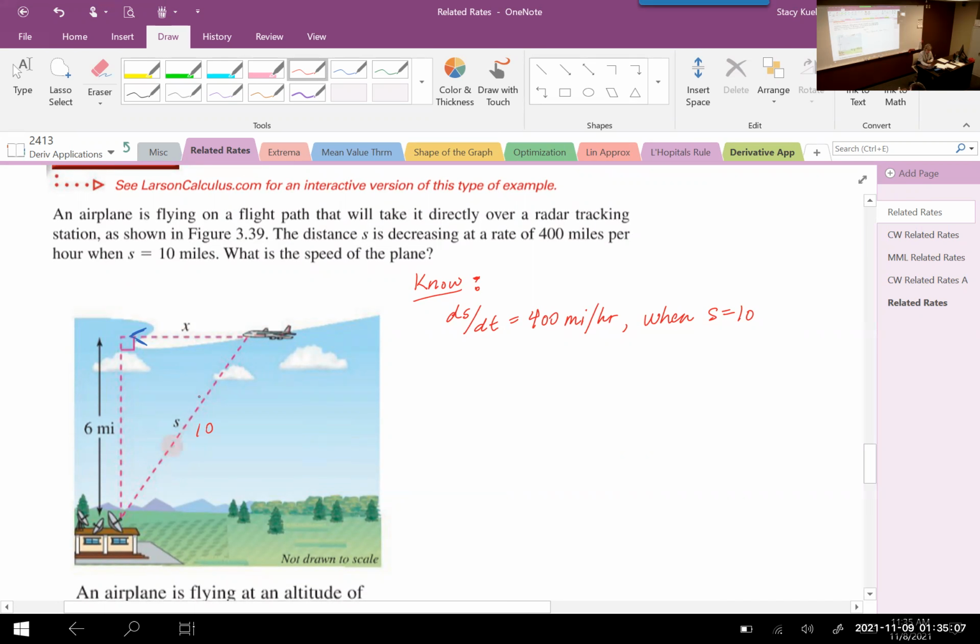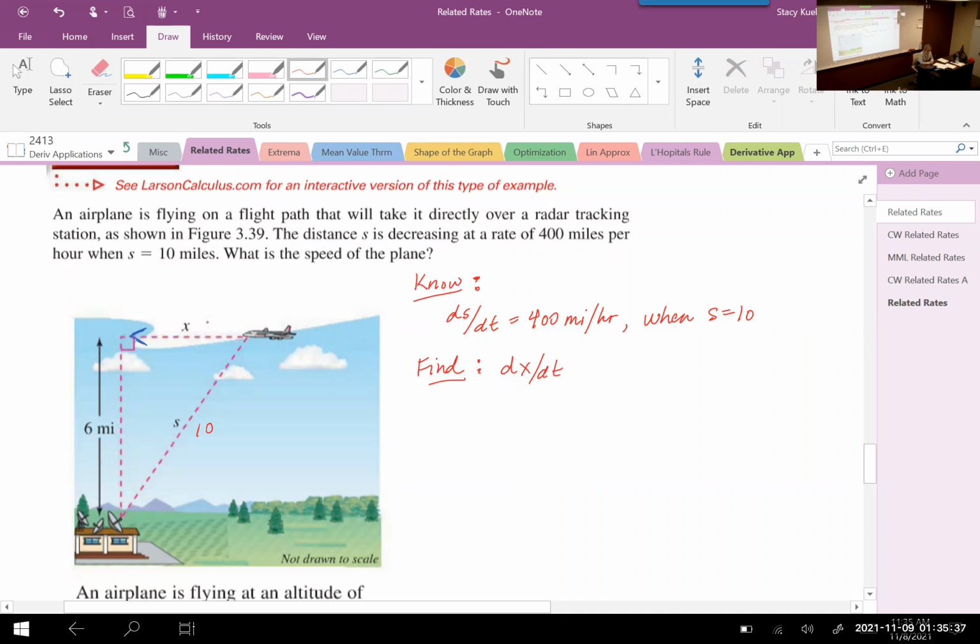Okay, so the hypotenuse is changing. This distance is changing, so I want to find, first I really kind of need to find dx dt, which would tell me what is the rate at which this distance is changing, right?